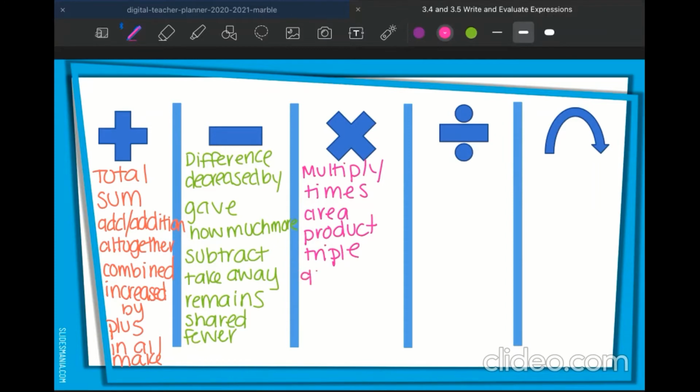Quintuple. I don't know if I spelled this right, but we're just going to say I did. Chloe. We're just going to keep that with multiply. Levi. Each. Peyton. Double. Olivia. Groups of. Emily. All together.